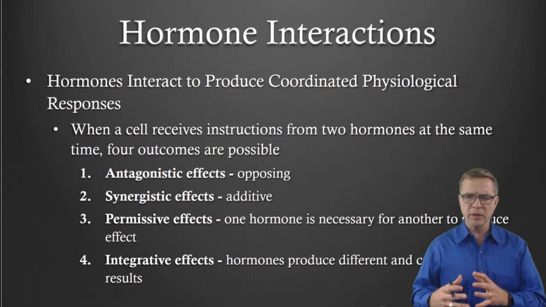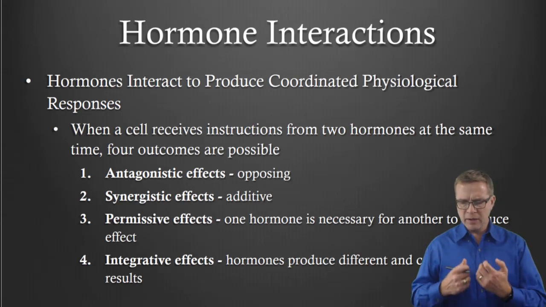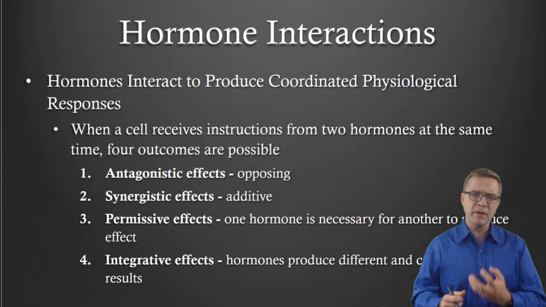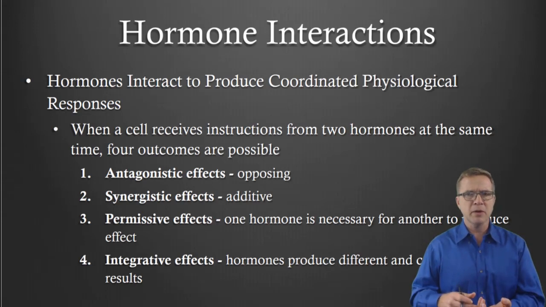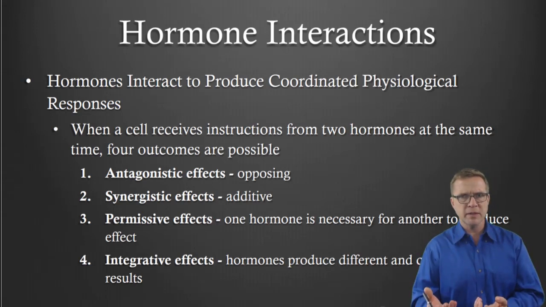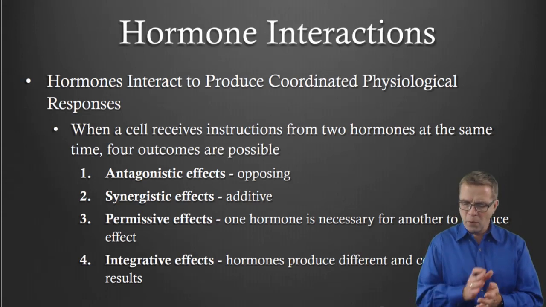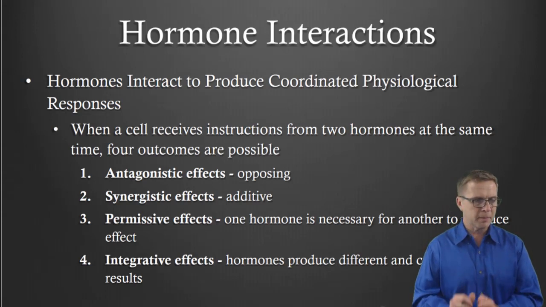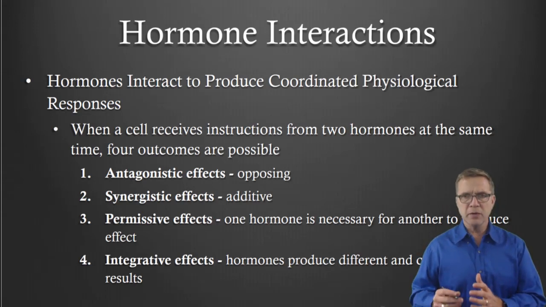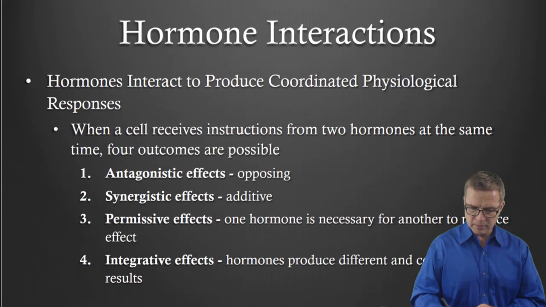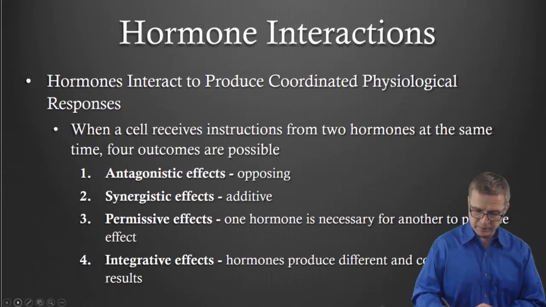Sometimes you have permissive effects, meaning you have to have one hormone first in order to have the effect of the second. And then finally we have integrative effects, which means they produce different effects, but they're working together complementarily. All right, so hopefully those words are pretty self-explanatory.